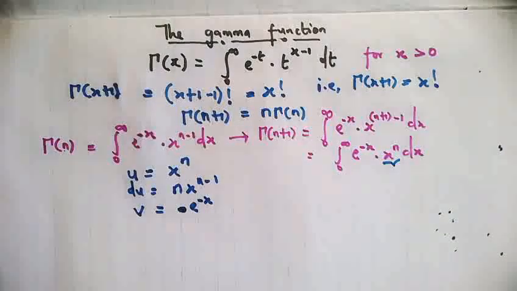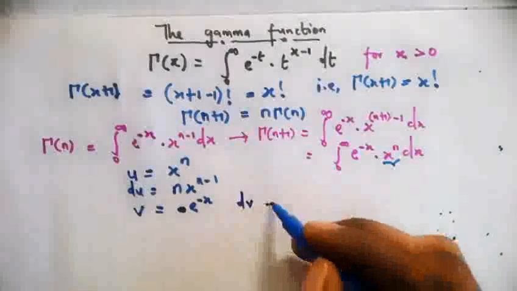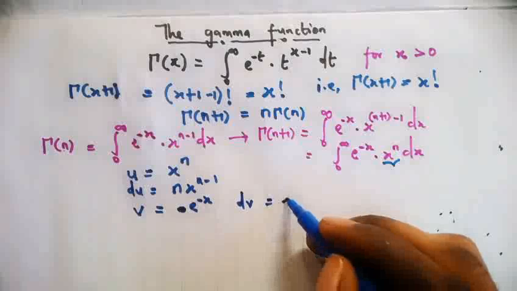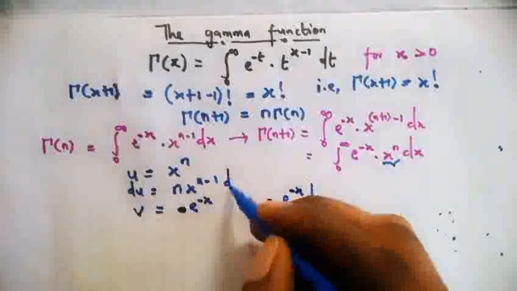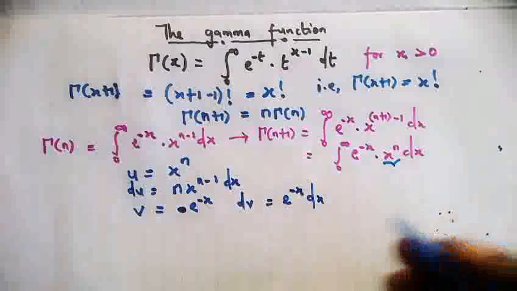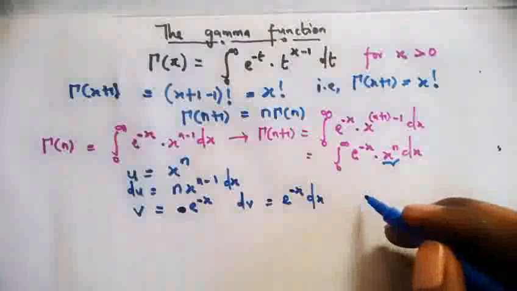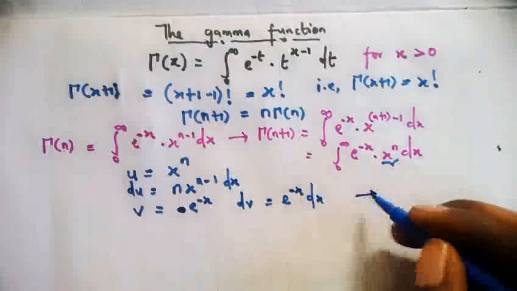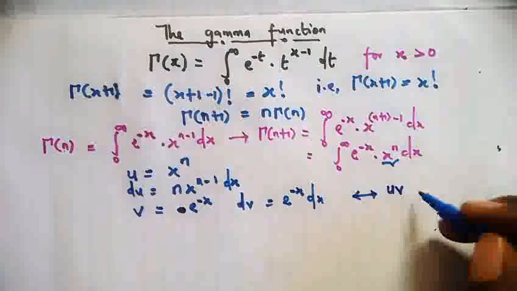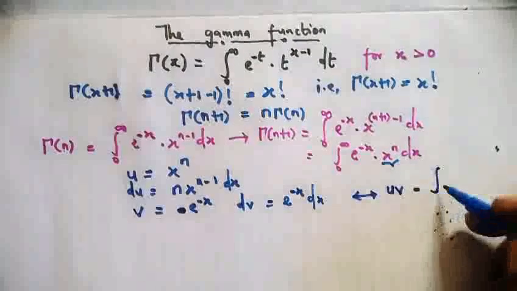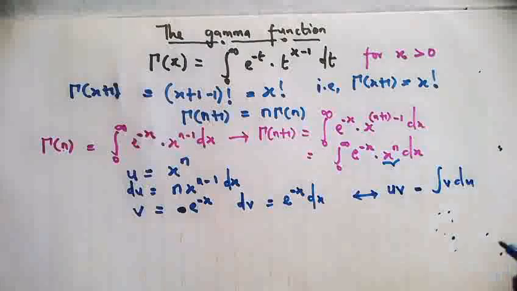Now we have dv is equal to e raised to power negative x dx. I forgot to put this dx here. Now, according to the theorem, integration by parts, this will be the same as u times v minus the integral of v du.